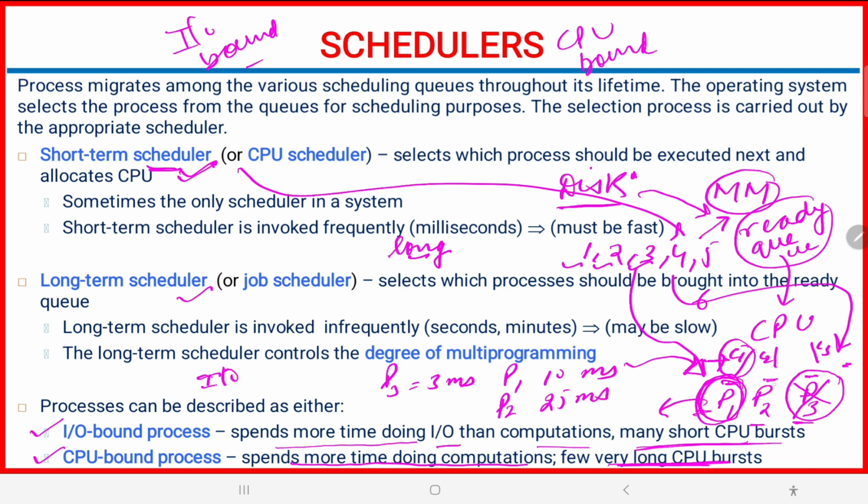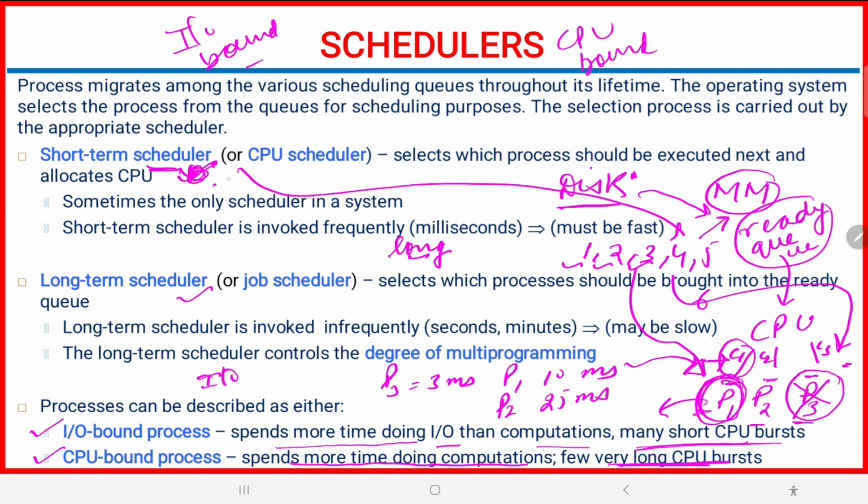We want our CPU to be busy most of the time. So the moment a CPU core is free, the short-term scheduler will fetch a process from the ready queue and hand it over to the CPU core, so that the core is working on that new process now.